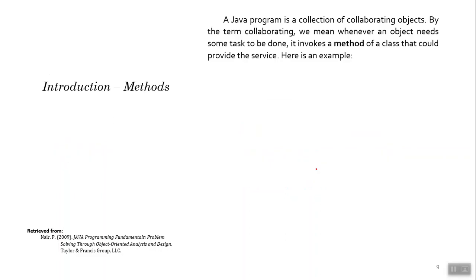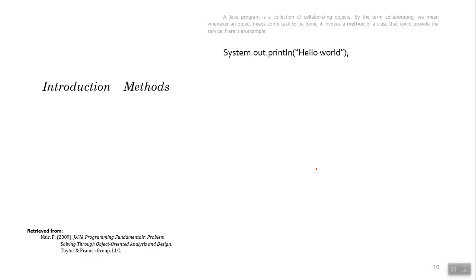Next, methods. A Java program is a collection of collaborating objects. Okay, so by the term collaborating, we mean whenever an object needs some task to be done, it invokes a method of a class that could provide the service. So here's an example. We have here the system.out, the println, and then hello world.